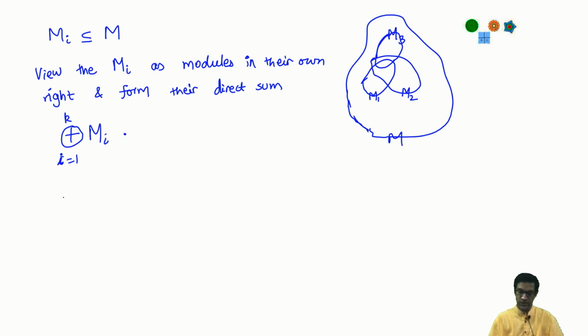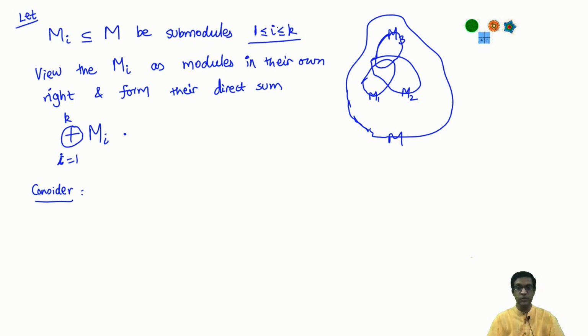Okay, so we can form this new object, the direct sum. But what's interesting here is the following. So to phrase this properly, let Mi be submodules, i from 1 to k. So this is a collection of k submodules of an ambient module.